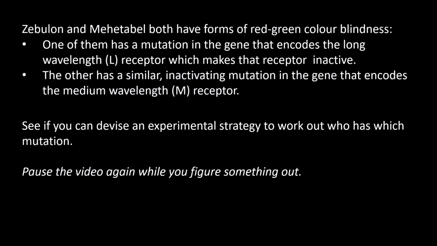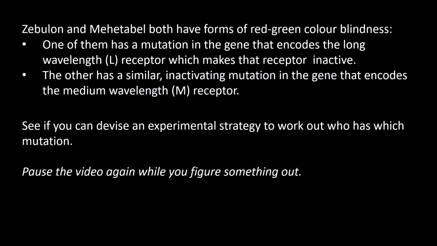So here's another one to think about. Here we've got 2 people, Zebulon and Mehetabel, both have red-green colour blindness, but one of them has a mutation where the long wavelength receptor has been knocked out, while the other has a condition where it's the medium range receptor which has been knocked out.